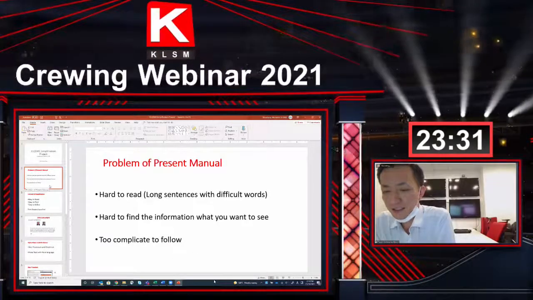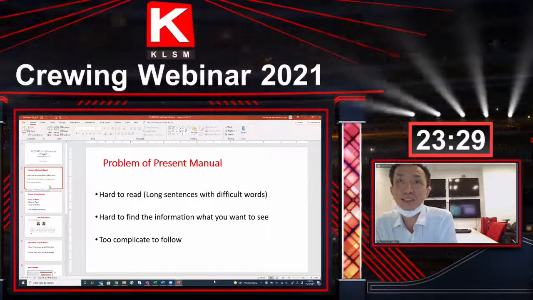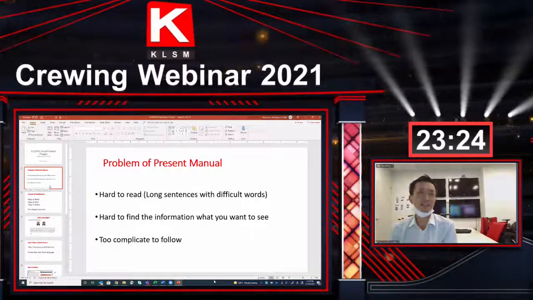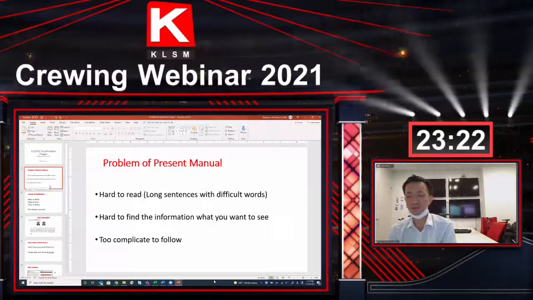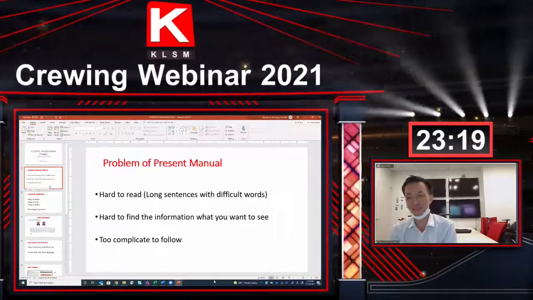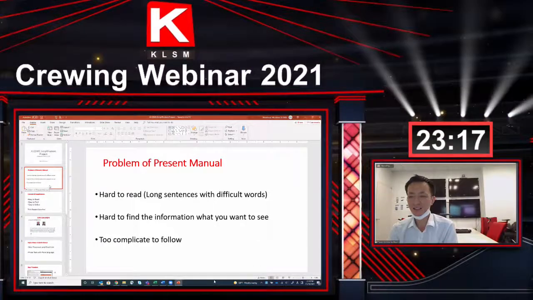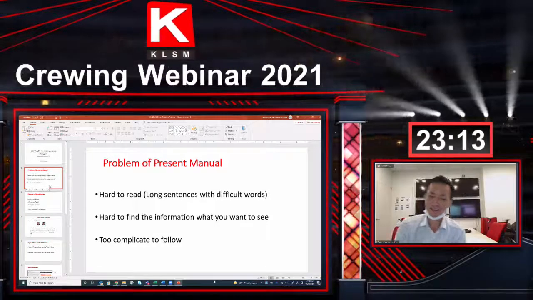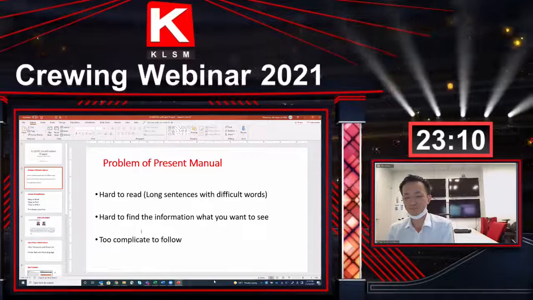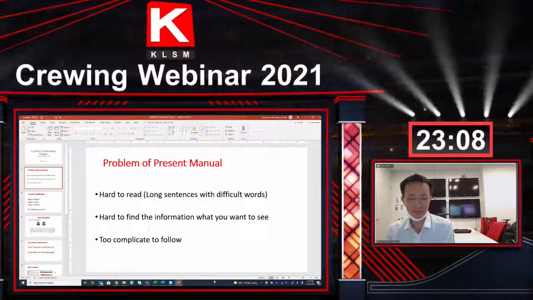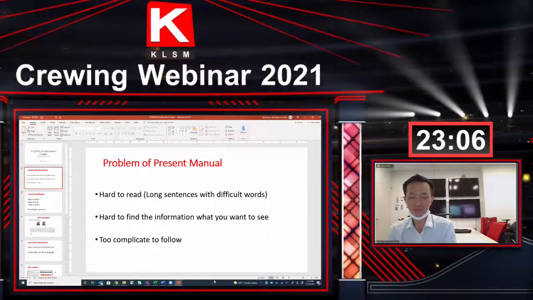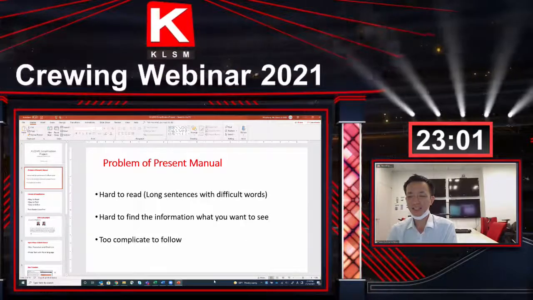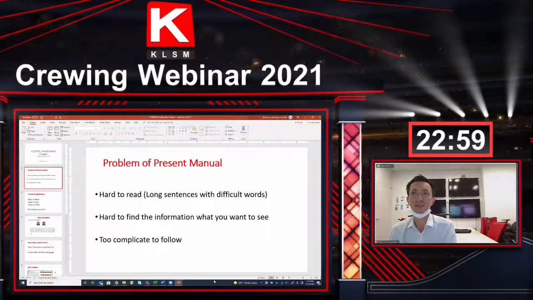At first, the problems of the present manual, and why KNA Tokyo started working on simplifying the SMS manual. I think I don't need to explain because you know already. These are the three main problems with the present SMS manual. The first one is that it is hard to read. It has long sentences with difficult words.